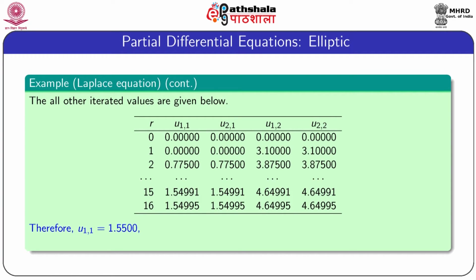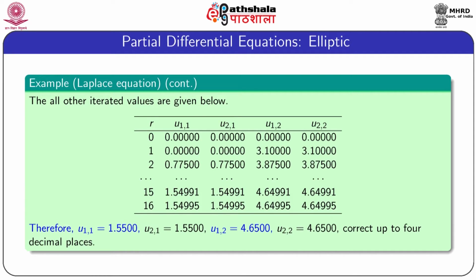Therefore, u11 equal to 1.5500, u21 equal to 1.5500, u12 equal to 4.6500 and u22 equal to 4.6500, correct up to 4 decimal places. So these are the 4 values of u obtained by Jacobi's iteration method.